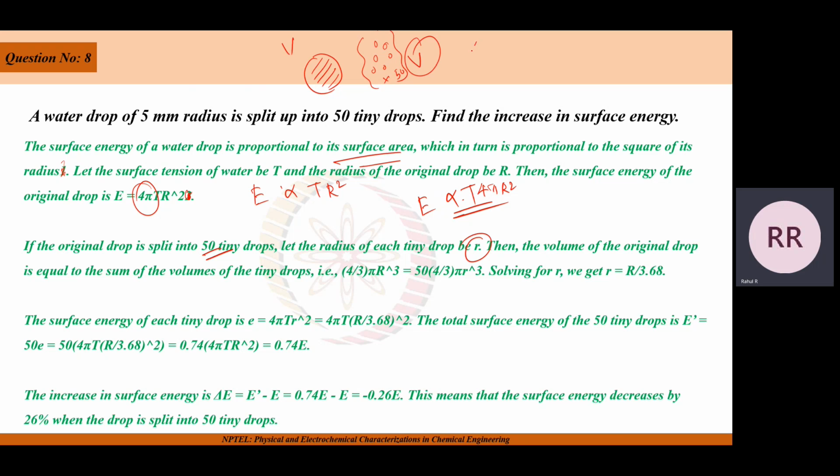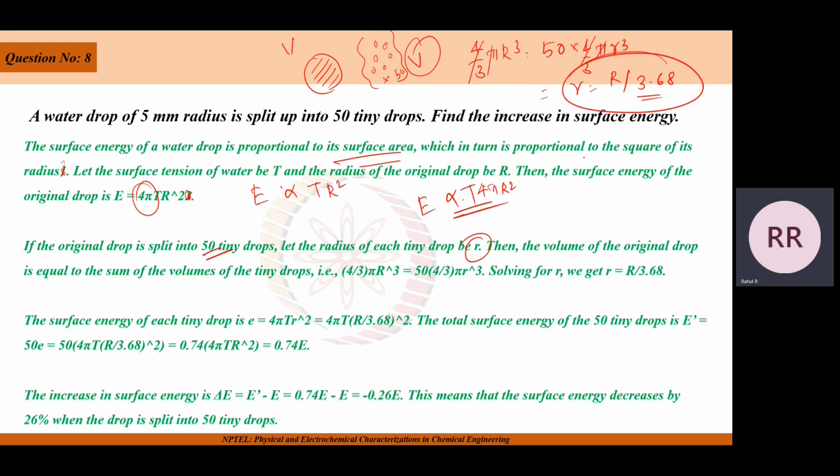So we can write 4 by 3 pi R cube is equal to 50 times 4 by 3 pi r cube. I think you understood how to do this. Solving this, we can cancel out the common terms, and we get r is equal to R by 3.68.